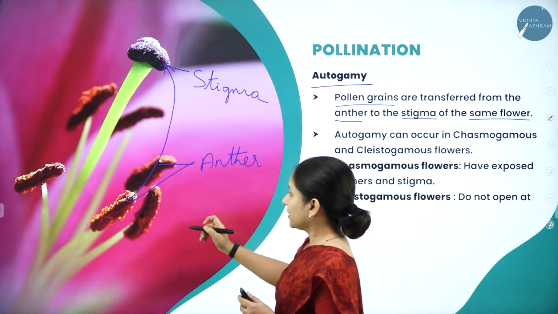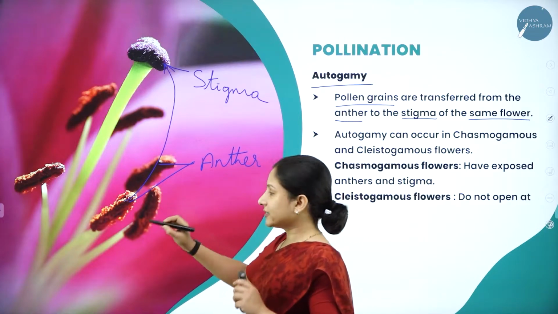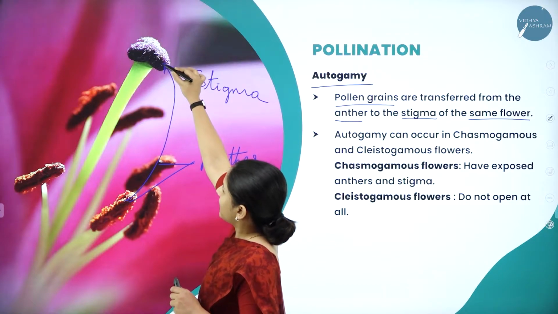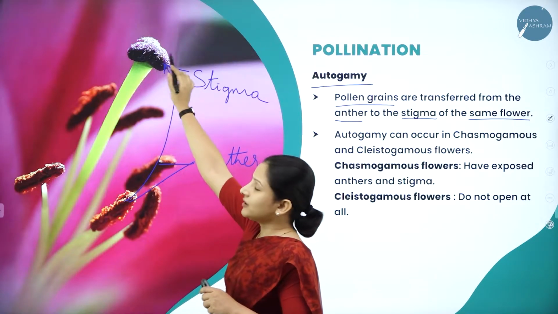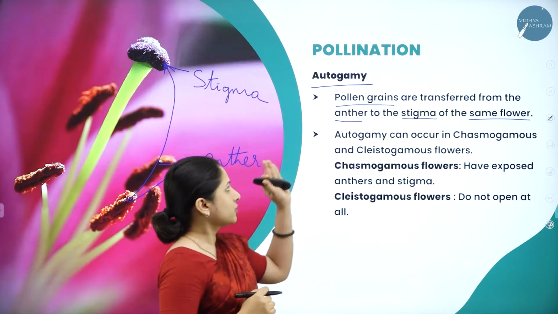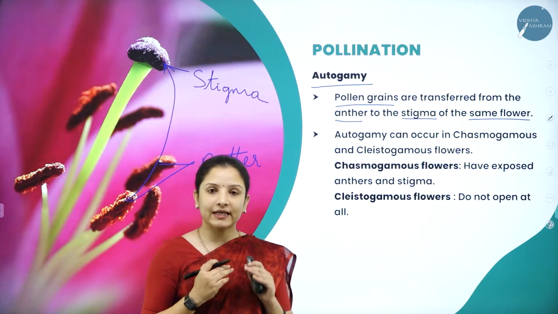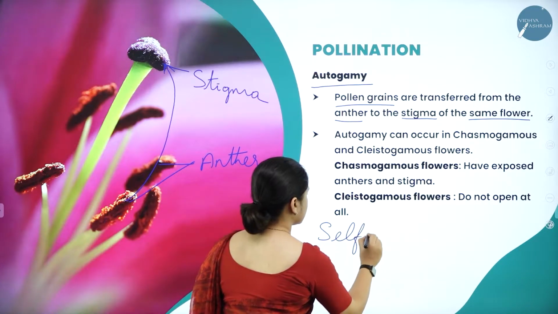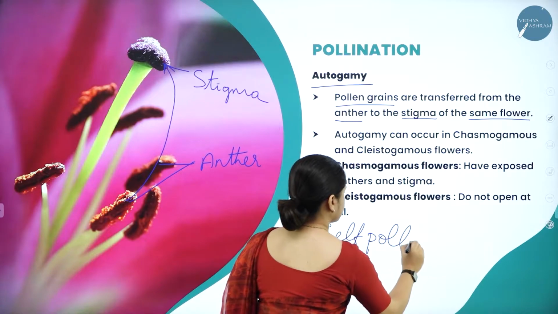In this particular flower, from the anther, the pollen grains will be transferred or deposited onto the stigma. This particular process is called autogamy, or self-pollination.